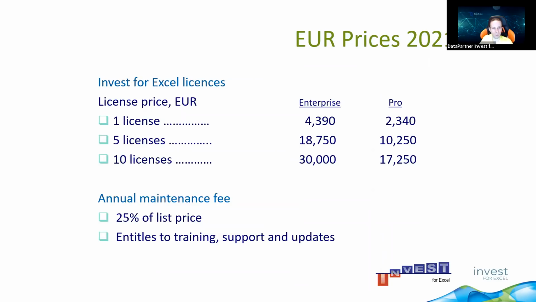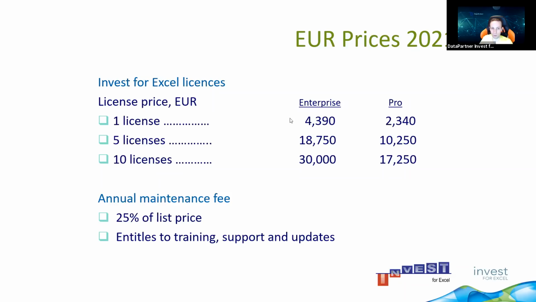And about the prices, as maybe you already know, there are 2 ways to buy Invest for Excel. One is to get a license, which is a bigger upfront investment, but then smaller follow-up costs for the maintenance, software updates, training, and support.